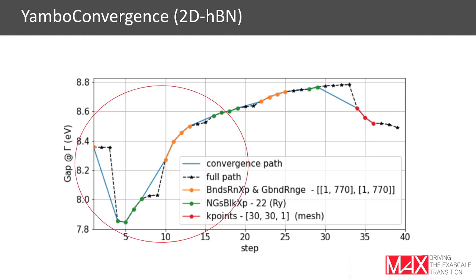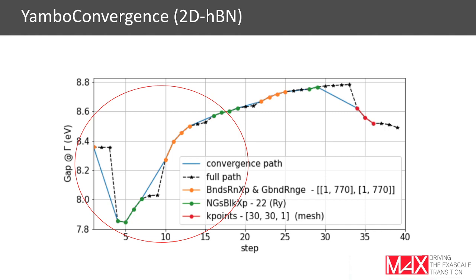We can observe from the first part of the plot that we have an interdependence between the empty states in orange and the plane wave cutoff for the screening matrix in green. When we change one of the two, the other is no more converged, so we have to recompute the convergence over the second parameter.